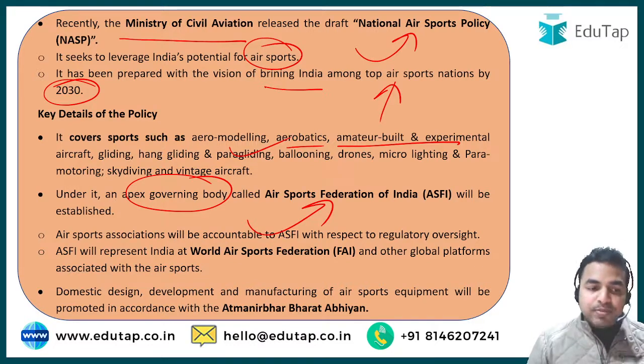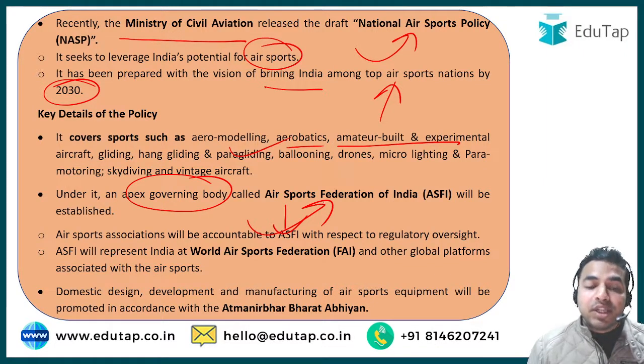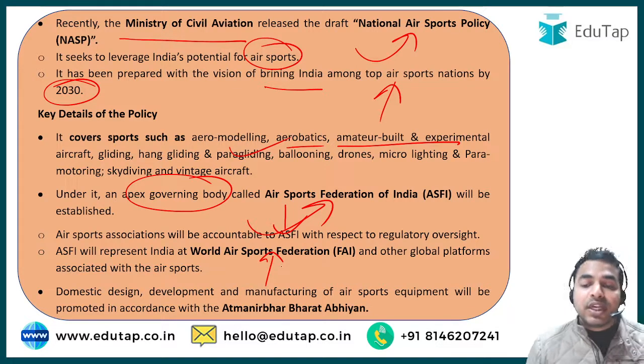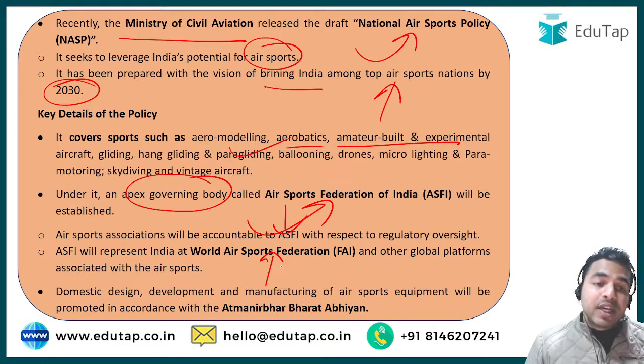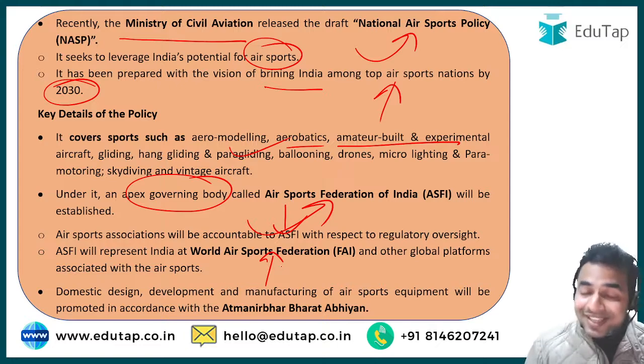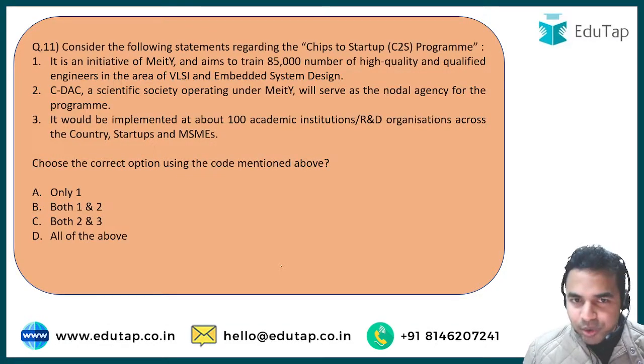This air sports association is going to be accountable to ASFI with respect to regulatory oversight, and it will represent India at the World Air Sports Federation and other global platforms associated with air sports, for which this policy has been drafted by the Ministry of Civil Aviation. I really believe that this part is also very clear. Now let's move on to the next question.